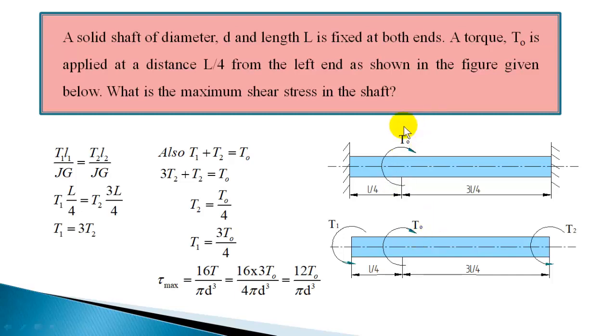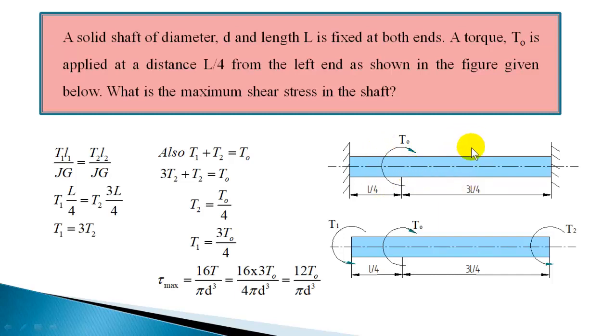And we also know that at this junction there will be an angular twist. This junction will twist with respect to this end, and this junction twists with respect to that end, and that should be the same. So the twist at this junction is common for this section and this section.